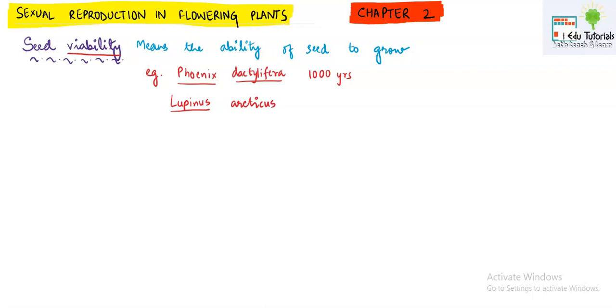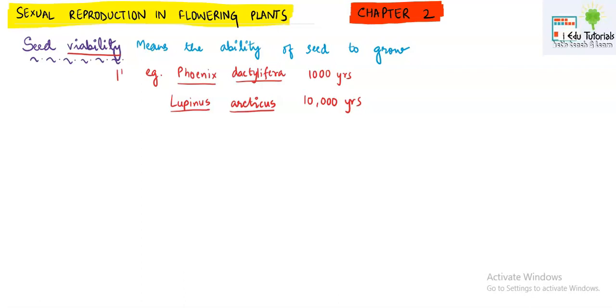This plant is from the Leguminosae family, to which most of the pulses belong. This plant had a seed viability of 10,000 years. So when seeds were excavated and discovered, the scientists grew the seeds and found that not only vegetative growth happened, but yes, flowering too happened.